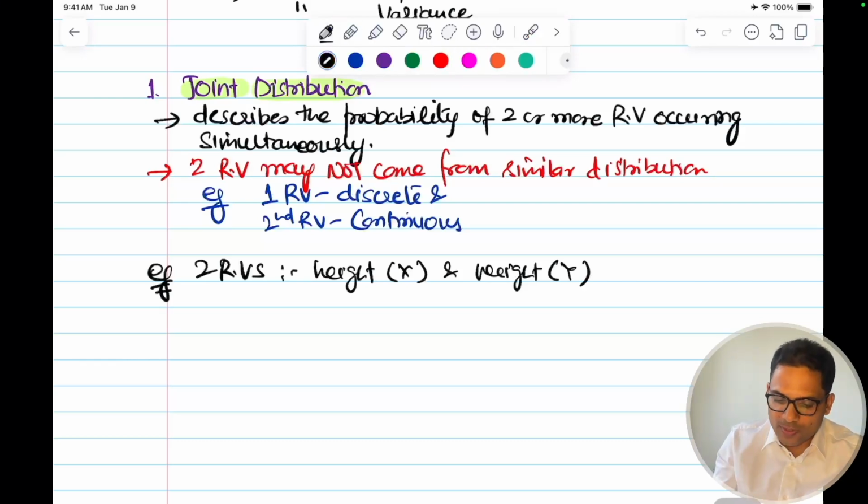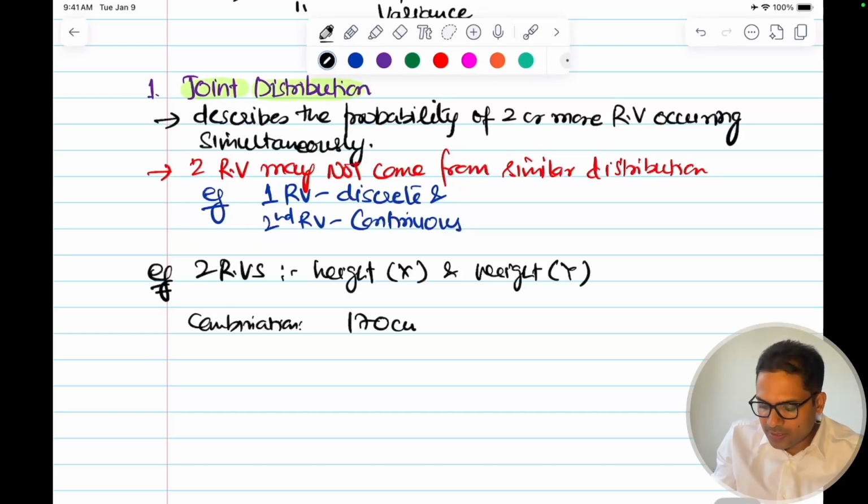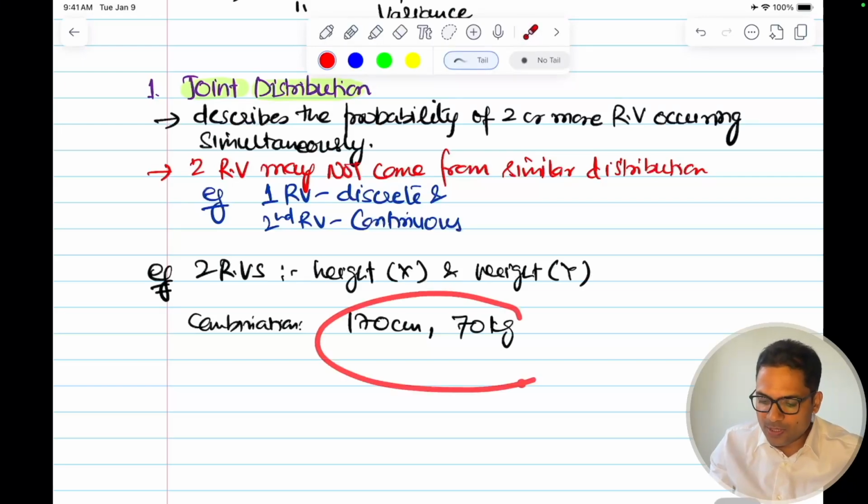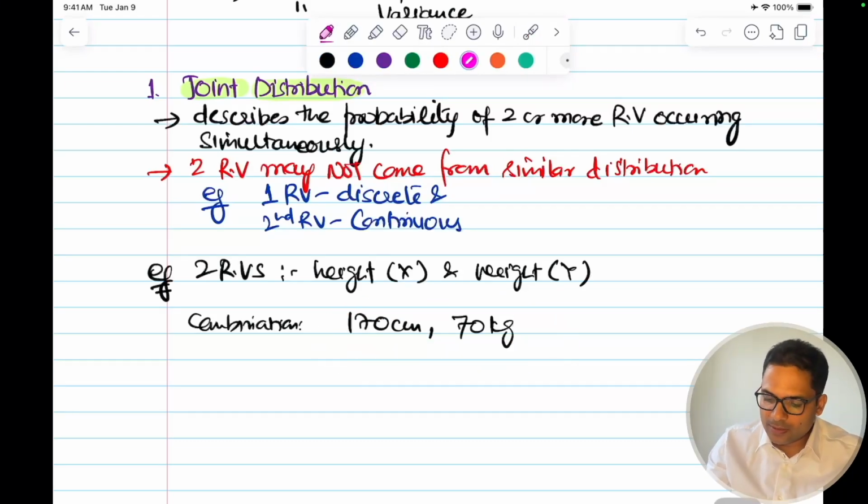For example, if I want the probability of a person of 170 centimeter height and 70 kg weight, what is the probability of finding a person with this combination? This will come from my joint distribution.